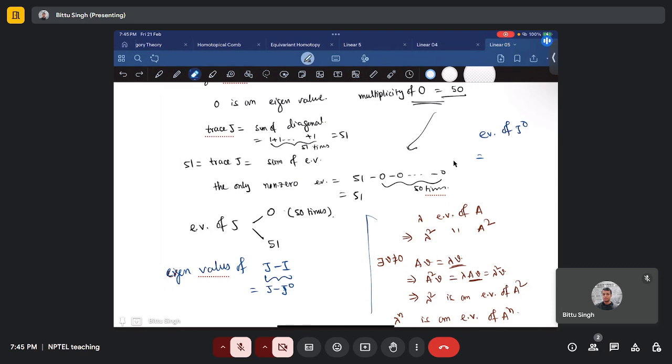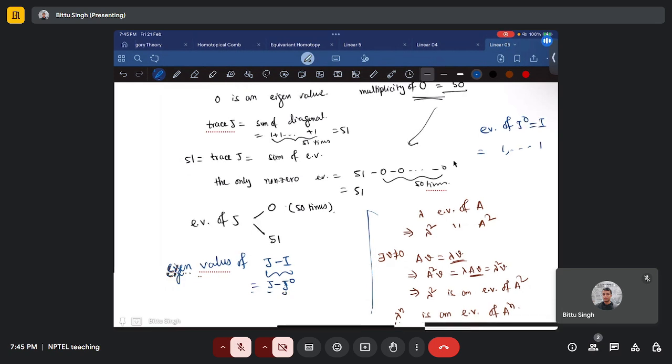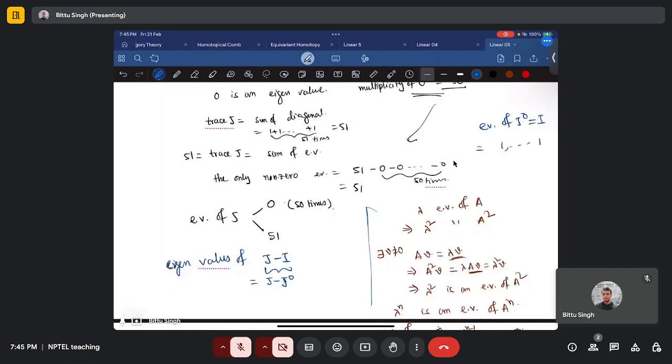Though 0 to the power 0 does not make any sense, you can easily see that the eigenvalues of the identity matrix are the diagonal entries, so all are 1. So we simply subtract the eigenvalues of I from the eigenvalues of J. That is the same as subtracting 1.